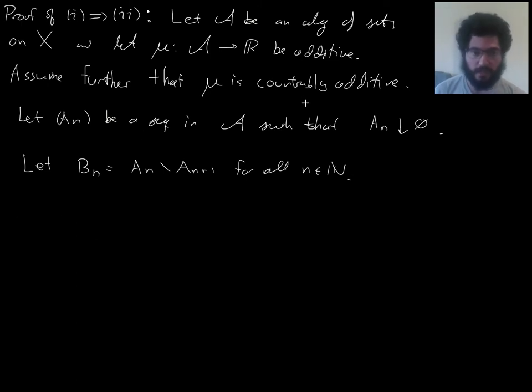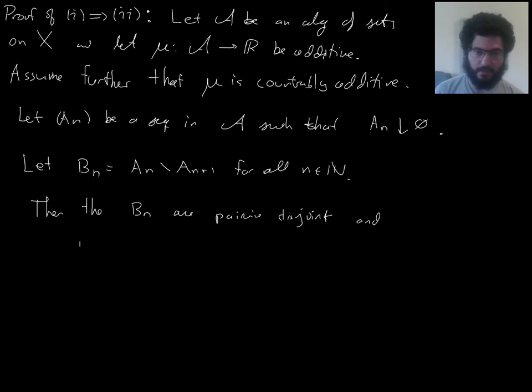Now, again, I want to apply countable additivity of mu. So now I wanted a collection of disjoint sets. Hopefully Bn is that. So then the Bn are pairwise disjoint. So that's a claim that I should verify.